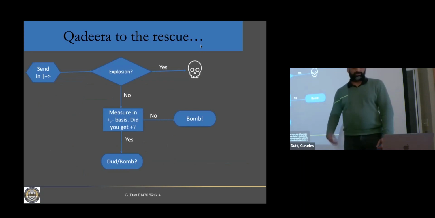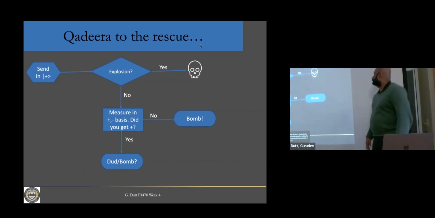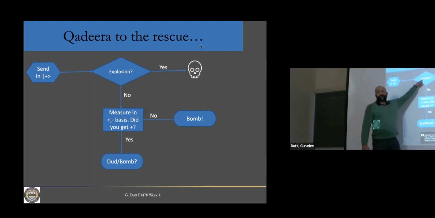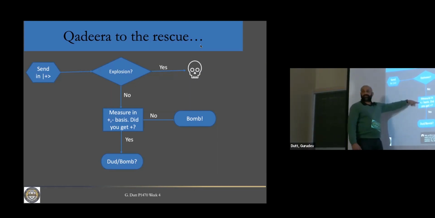Okay. So this is our flow chart. Again, I just wrote it out so that it's absolutely clear to everyone. So I send in the plus state. We get an explosion. Yes, okay, we are dead. But no, we now measure in the plus or minus basis. And did you get plus? If it's yes, then it could be a dud or it could be a bomb.